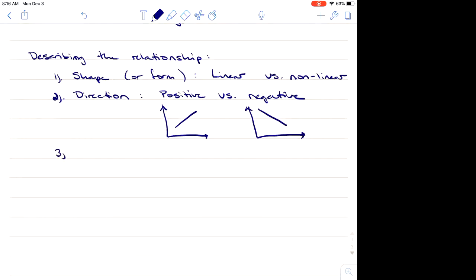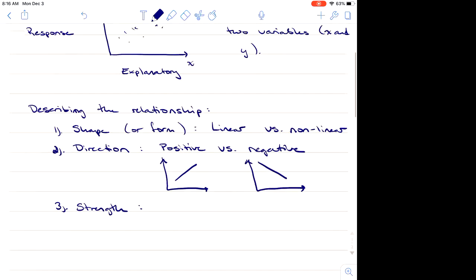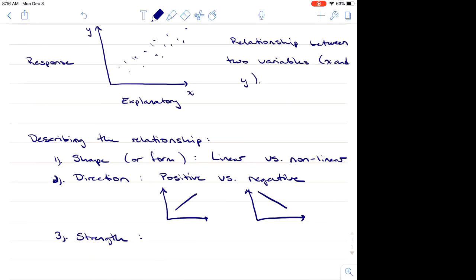And then finally, we talk about the strength. Depending on what field you're in, there could be 7 layers of strength that you need to keep track of. We're only going to have 2, either it's strong or it's weak. We're not going to look at anything in between. A strong relationship is really anything where we can detect some sort of pattern.